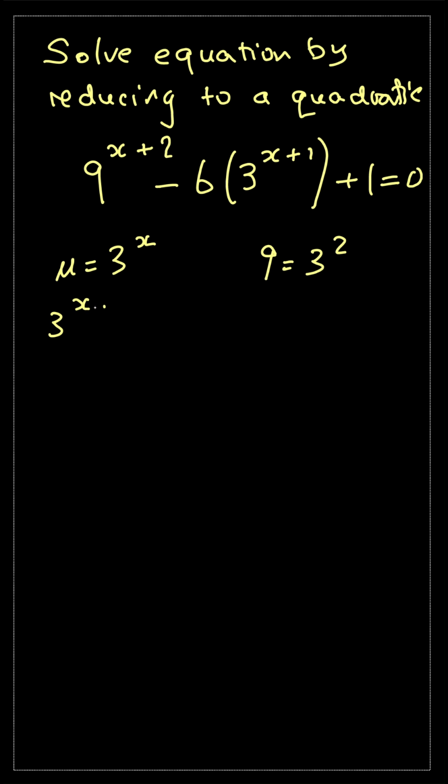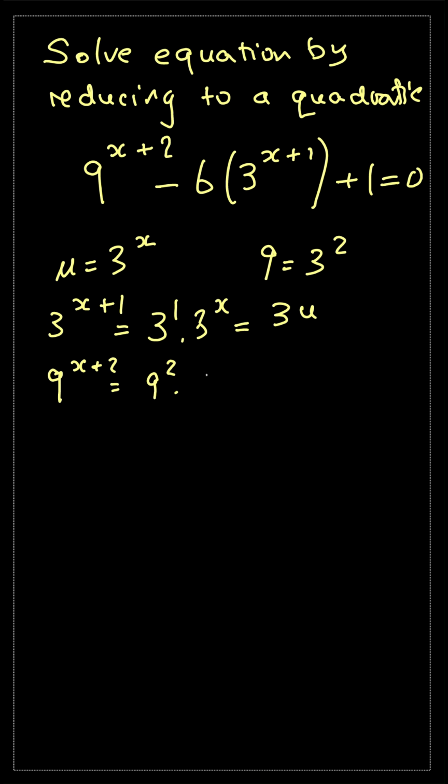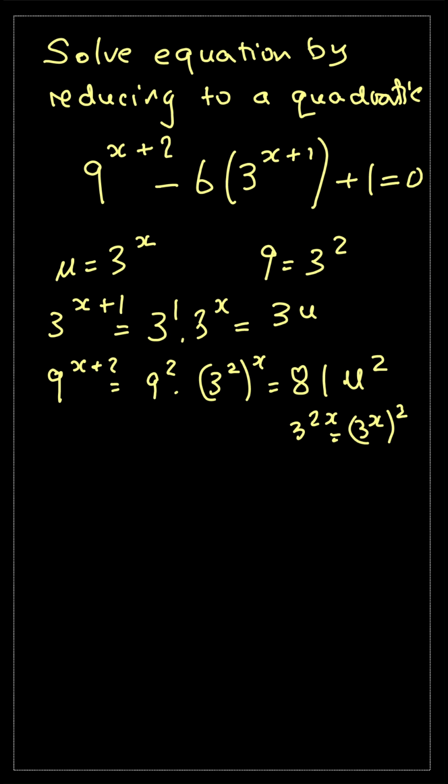So 3 to the x plus 1, using index laws, is 3 to the 1 times 3 to the x, so therefore that's equal to 3u. 9 to the x plus 2 is 9 squared times 3 squared to the power of x, so that is 81, and that becomes u squared, because 3 to the 2x is equal to 3 to the x squared, index laws.